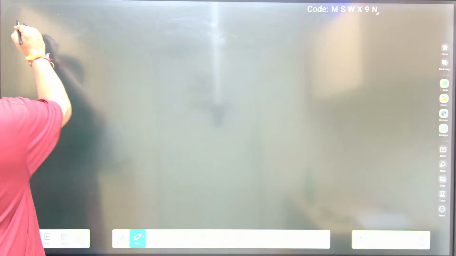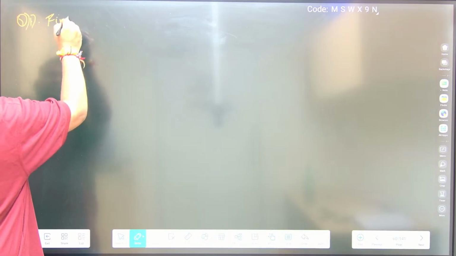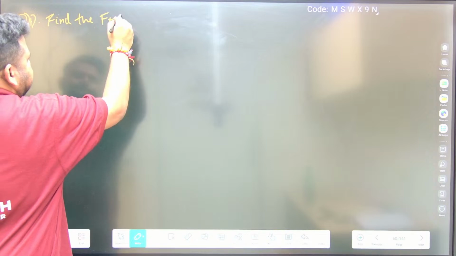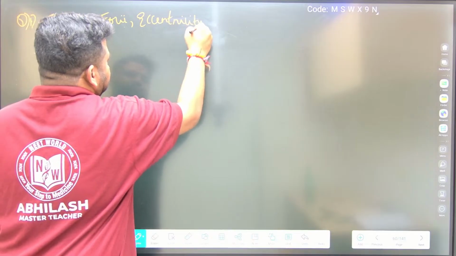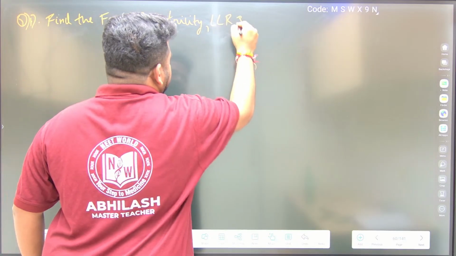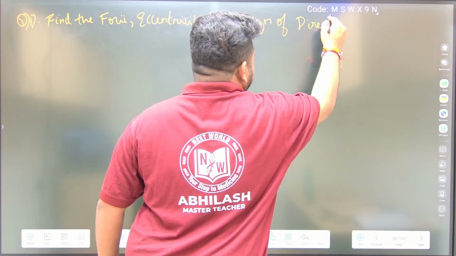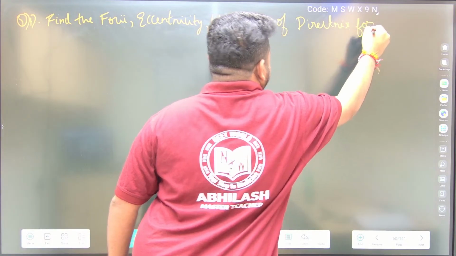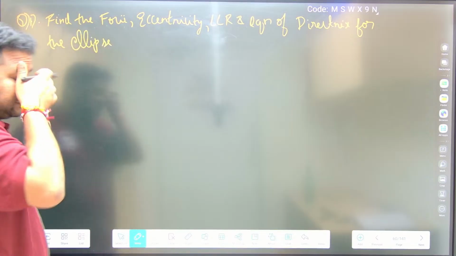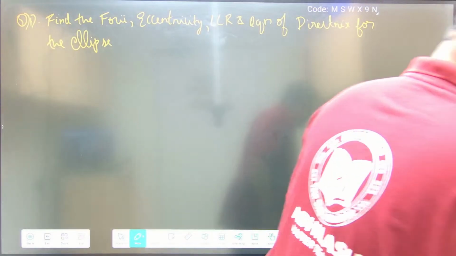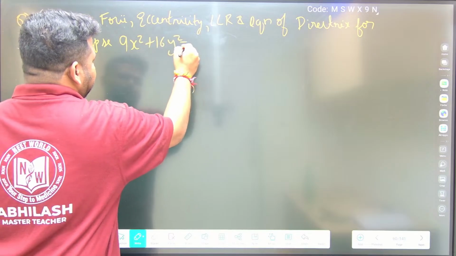Let us start with the question, friends. Question 1 is: find the foci, eccentricity, length of latus rectum, and equation of directrix for the ellipse 9x square plus 16y square is equal to 144.